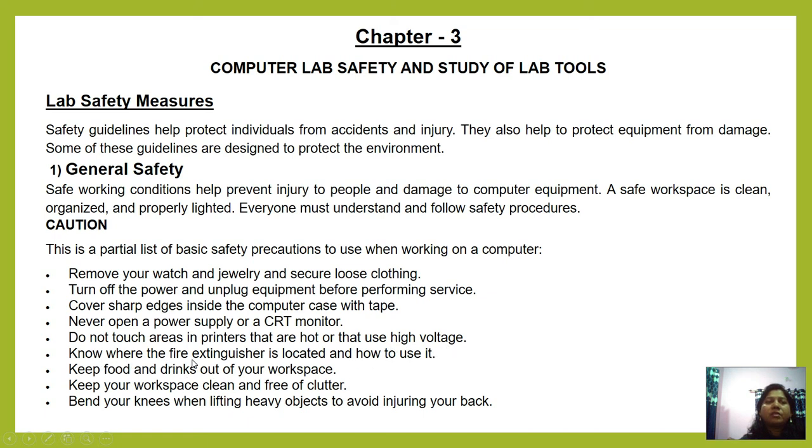Know where the fire extinguisher is located and how to use it. Keep food and drinks out of your workspace. Keep your workspace clean and free of clutter. Bend your knees when lifting heavy objects to avoid injury to your backbone. So, this is under your general safety.